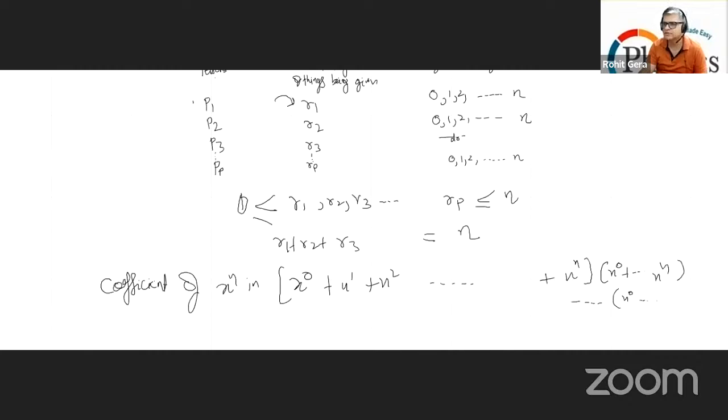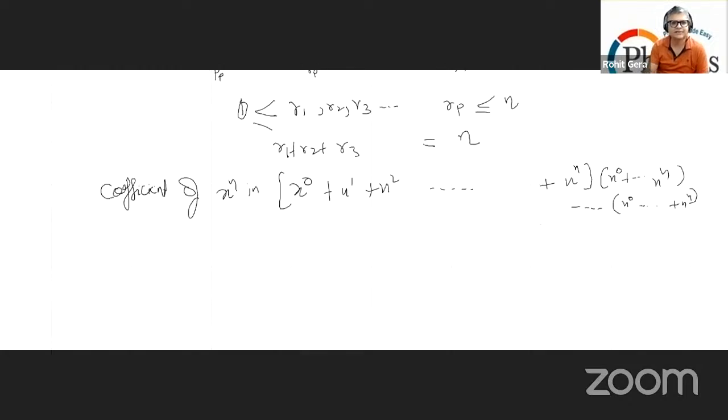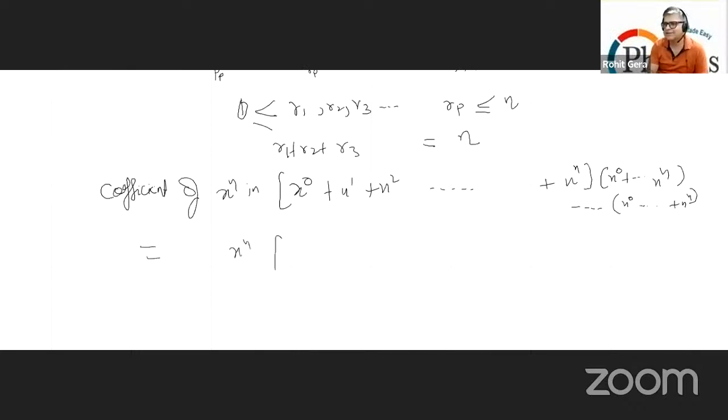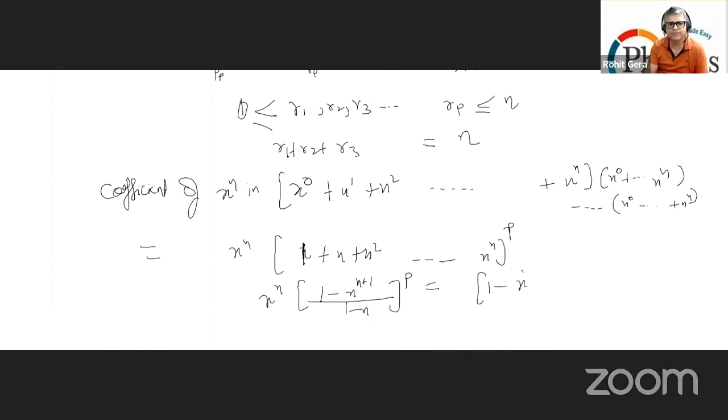The proof is heavily dependent on this. So the coefficient of x^n in this is 1 plus x plus x square till x raised to power n, p times. This is a GP, so it is (1 minus x raised to power n plus 1) divided by (1 minus x), raised to power p.